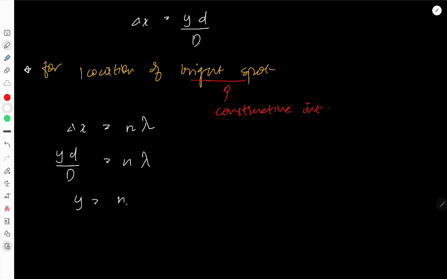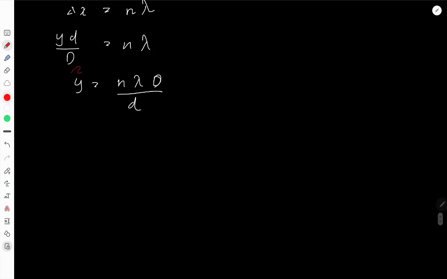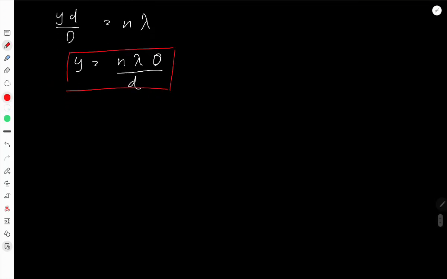So y must be equal to n lambda D upon d. So this becomes a condition for a spot to be bright, and over here n starts from 0, 1, 2. So if they ask us about the first bright, then we put n as 1. If they ask about the central bright, then we put n as 0.